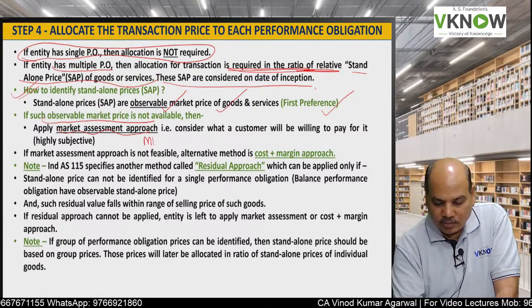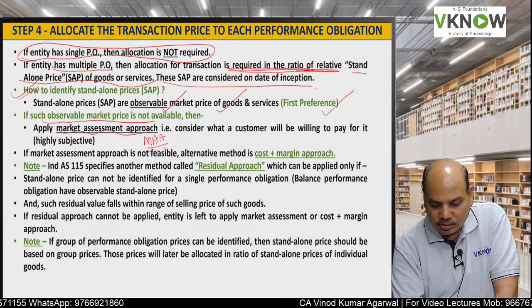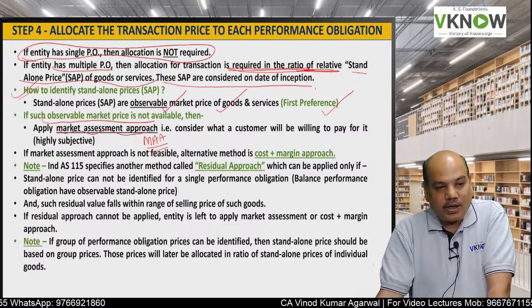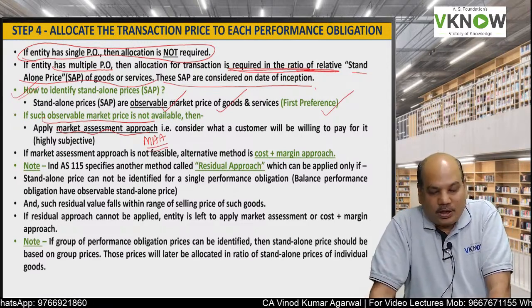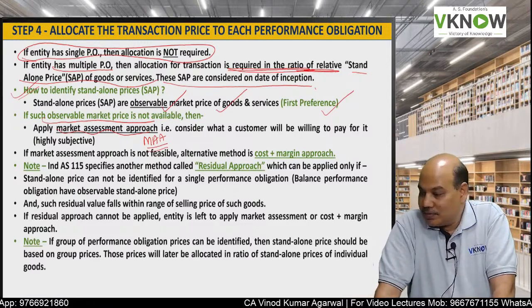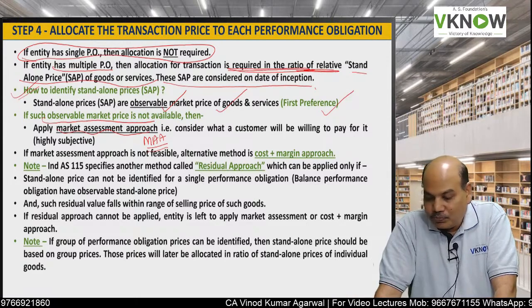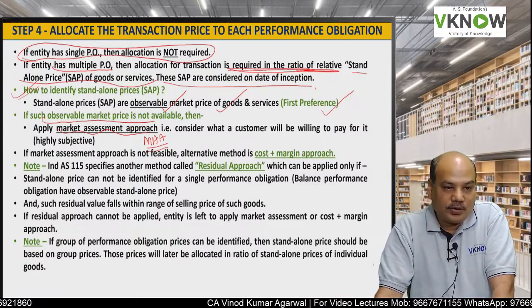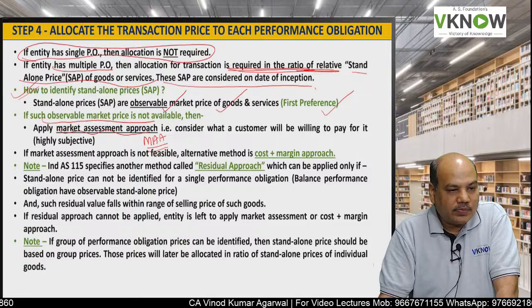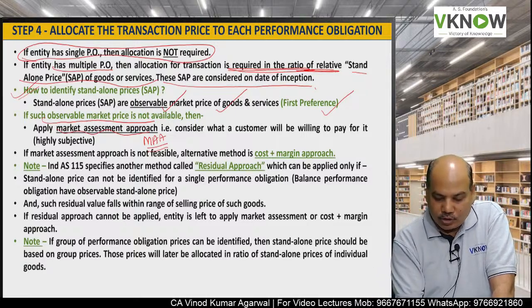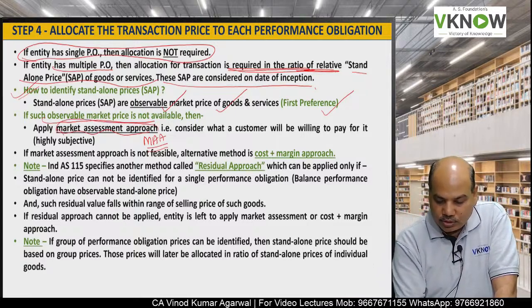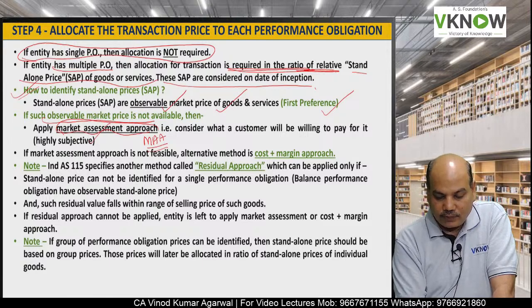Apply MAA, market assessment approach. That is, consider what a customer will be willing to pay for it. It's called the market assessment approach, which is highly subjective, of course.